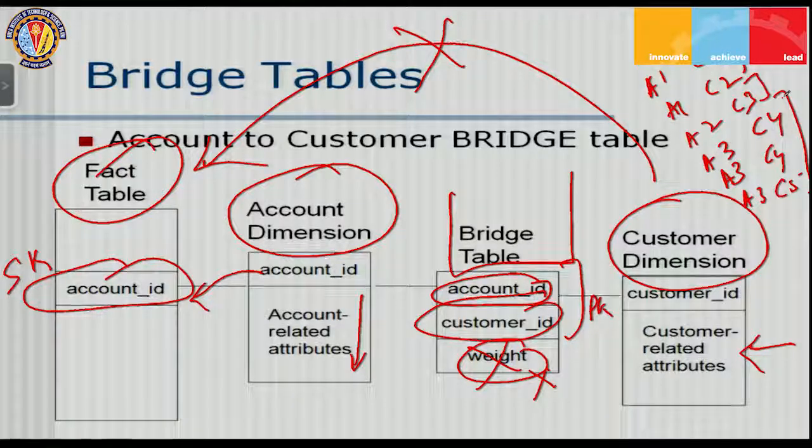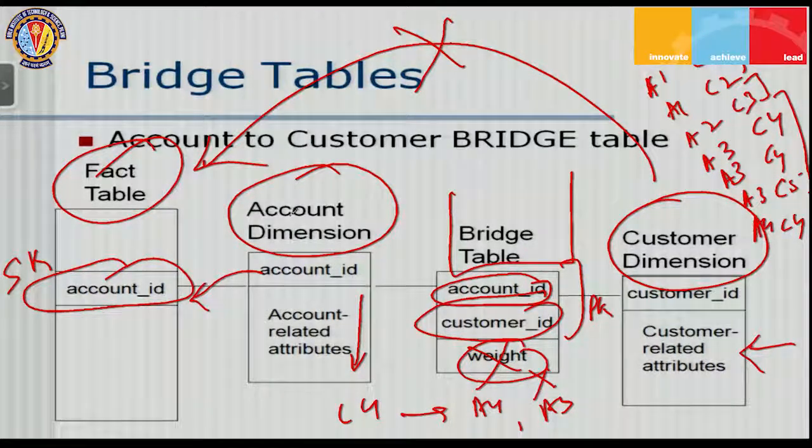Suppose I wanted to do this analysis for, say, okay, let me add one more row here, account 4, and this is C4. So C4 is associated with A4 and also with A3. So this A4 and A3 I'll get from this bridge table, and then I'll use those account numbers A4 and A3 to join with the fact table.